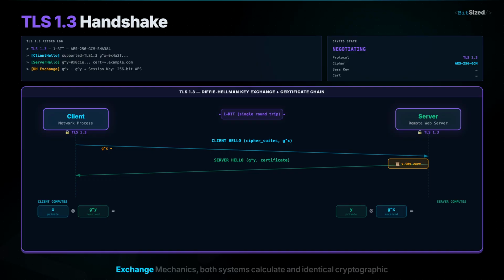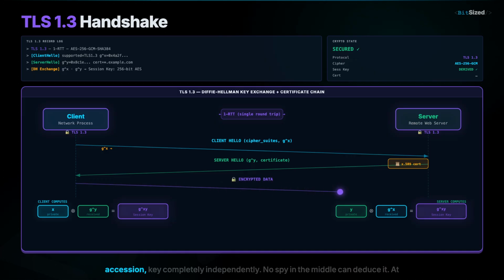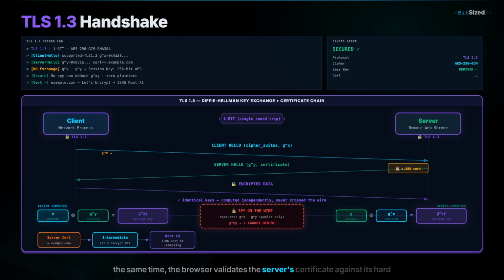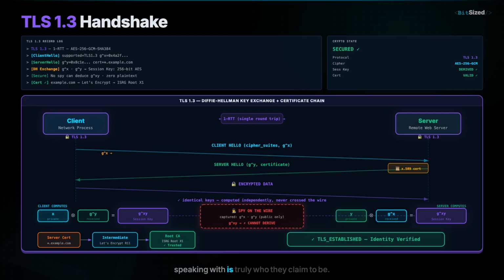Through Diffie-Hellman key exchange mechanics, both systems calculate an identical cryptographic session key completely independently. No spy in the middle can deduce it. At the same time, the browser validates the server's certificate against its hard-coded root store of certificate authorities, ensuring that the site you are speaking with is truly who they claim to be.